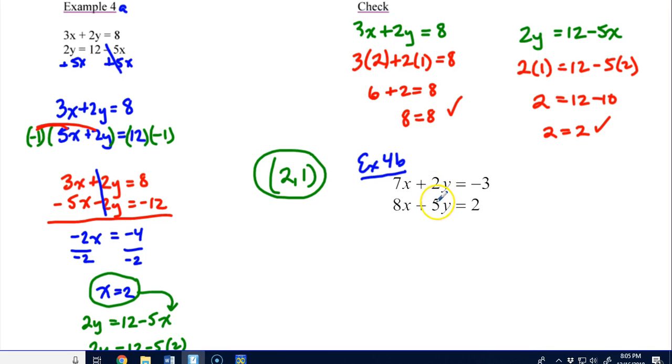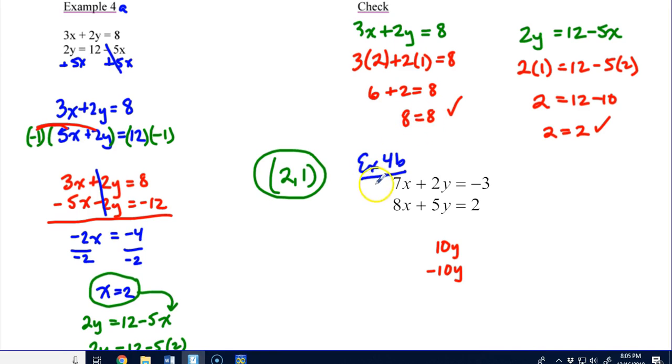And hopefully you're thinking, oh, 10, right? So what could I multiply the top one by to be 10y and the bottom one to be negative 10y? Because if I can do that, I can take it from there, right? So think about what you'd multiply the top one by, what you'd multiply the bottom one by to get that to happen. Play the recording when you're ready.